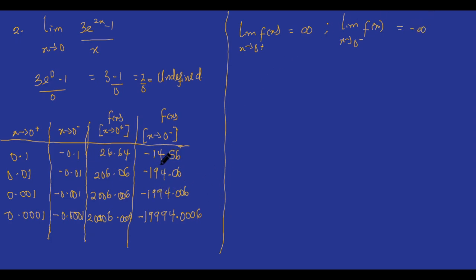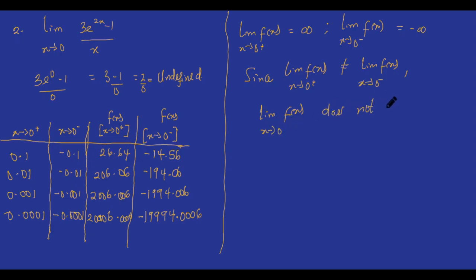As we can see, the value reduces progressively and gets larger. So since the limit of f of x as x tends towards 0 from the right is not equal to the limit of f of x as x tends towards 0 from the left, then the limit of the function as x tends towards 0 does not exist.